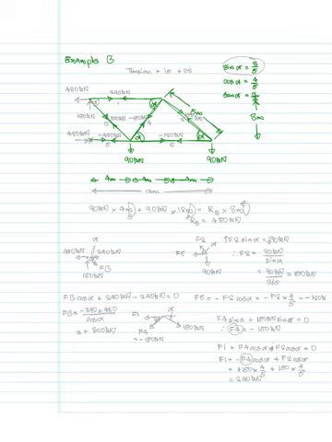And then we sort of have a numbering system where this member is 1, this member is 2, this member is 3, this member is 4, this member is 5, and just this member is 6.